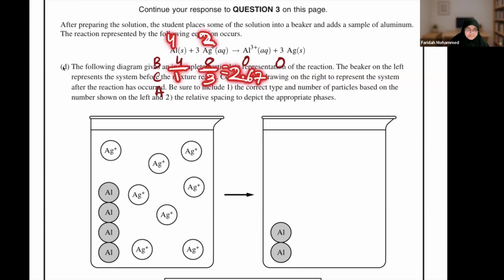So which is smaller? The 2 is smaller. So you're going to put the 2 on the top. Remember BCA table? And then you're going to take this, multiplied with the coefficient. So 1 multiplied with the 2, minus 2, right? 2 multiplied with 3, minus 6.